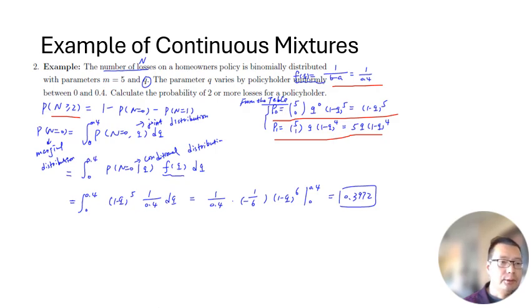So when n equals 0, we integrate between 0 and 0.4. We apply this into the probability, and this is the result.